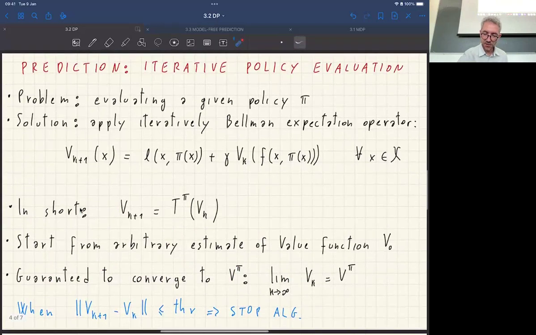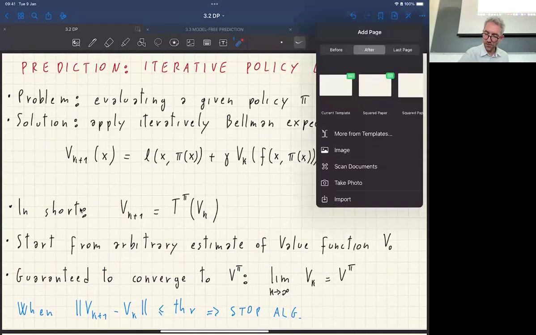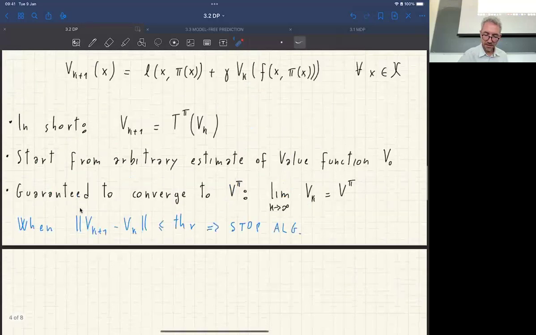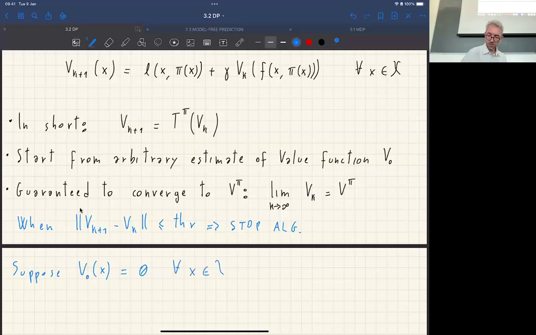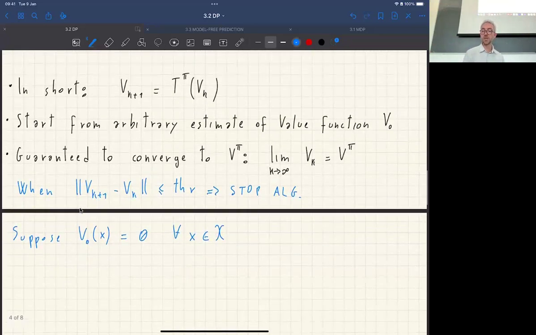I don't know if you have any intuition at all for why this works, but I can give you some intuition. Suppose v0, which is your initial guess, is 0 for every x, which is a very reasonable initial guess for the value function if you don't know any better.